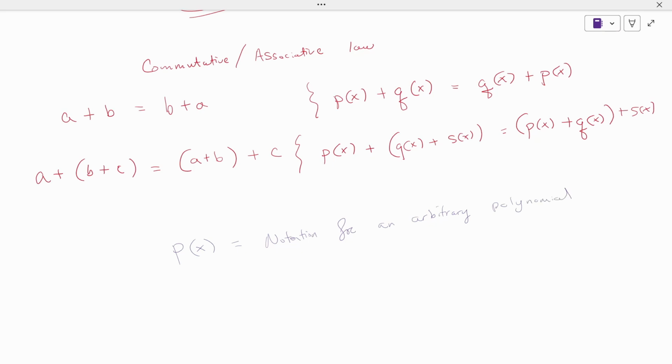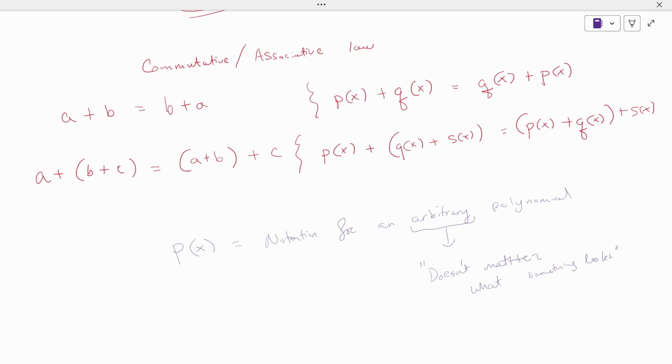When I say arbitrary polynomial, it means that it doesn't matter what the polynomial actually looks like. So arbitrary just means it doesn't matter what something looks like. So you could have a complicated polynomial. I could have a really, really simple polynomial that I'm dealing with.